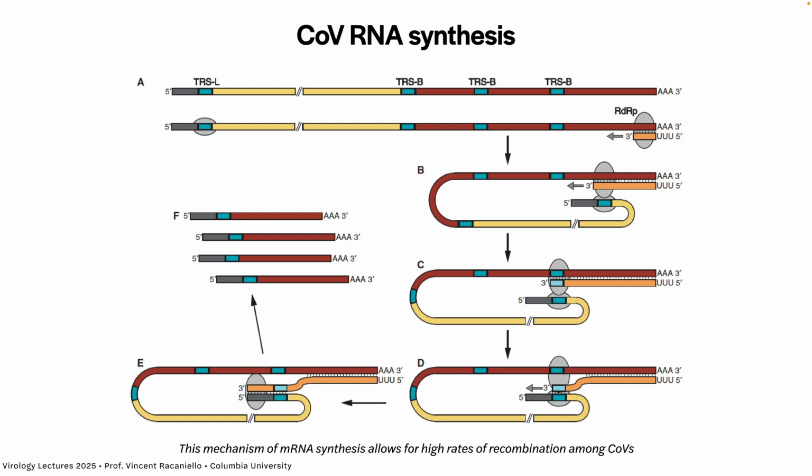So in this case, the polymerase has just synthesized a short mRNA, jumps to the 5' end and picks up the leader. So that movement of the polymerase is what causes recombination. And coronaviruses have high recombination rates. And that's one of the reasons why they are such a worry, because there are so many of them in nature, and they can recombine to make different viruses.